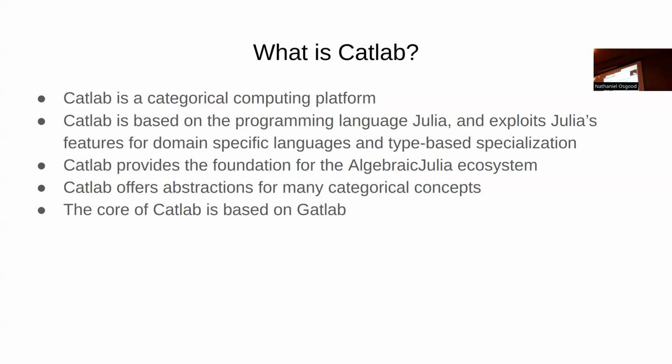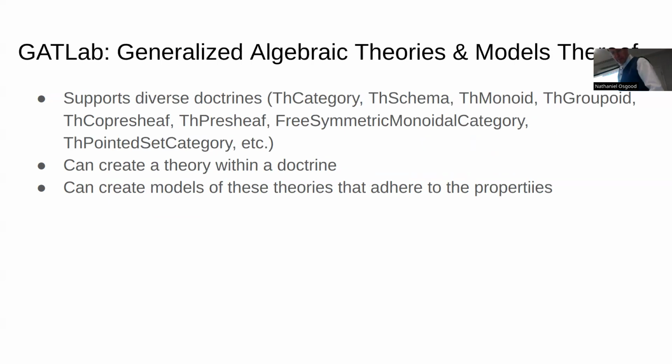GATlab allows expression of not only classic algebraic theories, like might be involved in the theory of groupoids or monoids, groups and rings and semirings, etc. It further allows for description of some structures with added power, including categories.